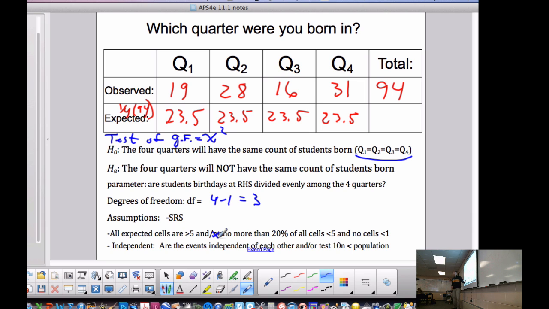All expected cells greater than 5. For my work, I would just go back up here, draw an arrow. Is 23.5 greater than 5? Are all expected cells greater than 5? So we're good to go. I don't have to worry about anything else. In a goodness of fit or chi-squared test, you always have to write in your expected cells. They have to see them somewhere.